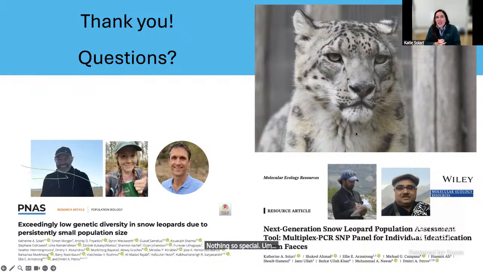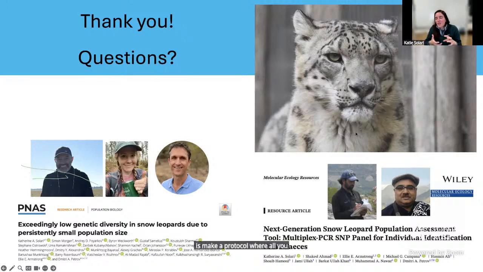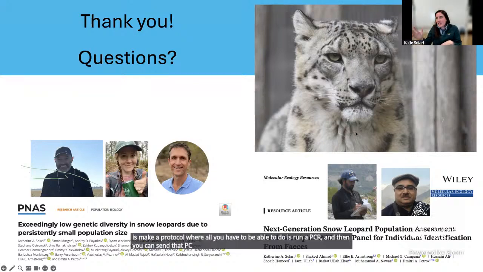A lot of other SNP panels for other species use very specialized equipment and machines, which is harder. What we've tried to do is make a protocol where all you have to be able to do is run a PCR, and then you can send that PCR product to any sequencing facility and they can sequence it for you.